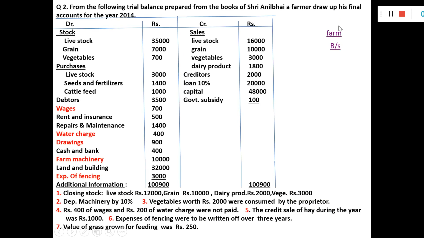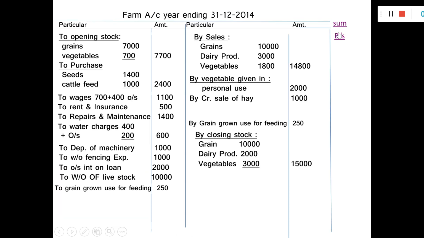Go to the sum. Government subsidy 100. I told you earlier. Total both the side 33,150.